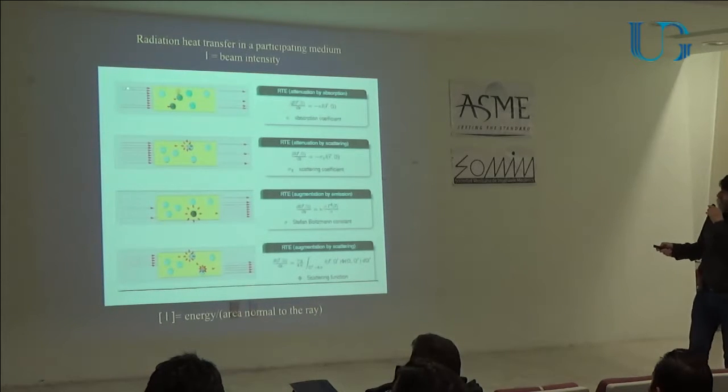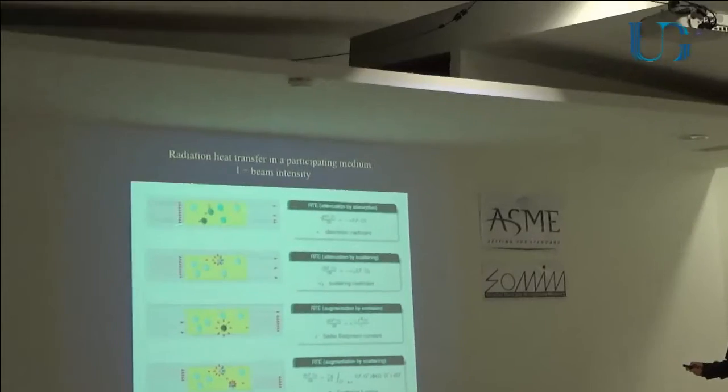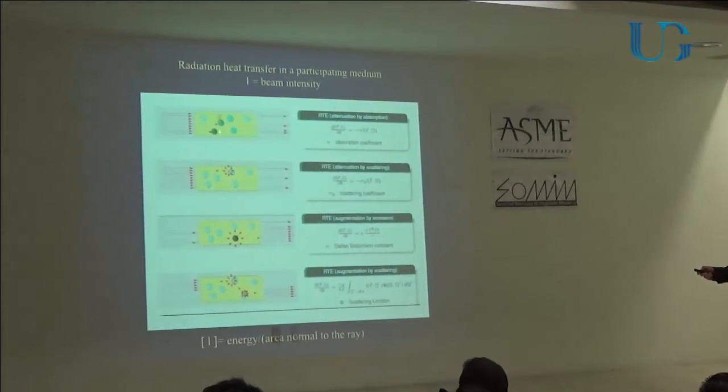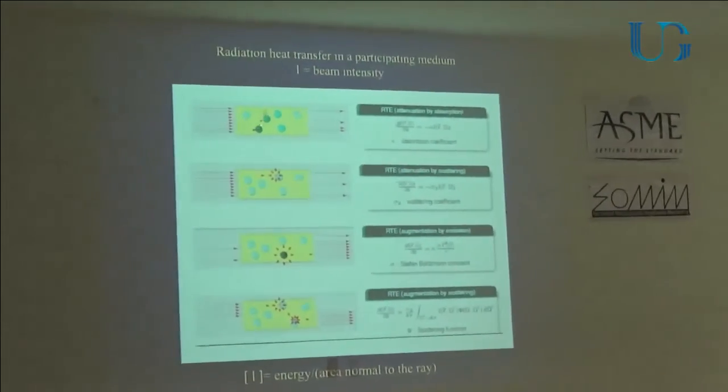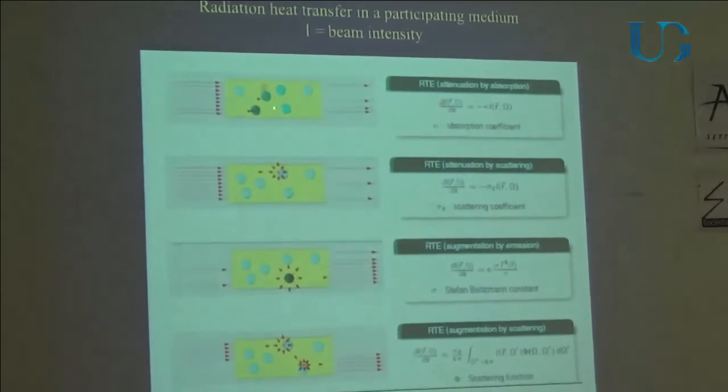So we go from left to right, and we have a gas that is represented by the yellow field, and particles that are represented by these small circles in here.